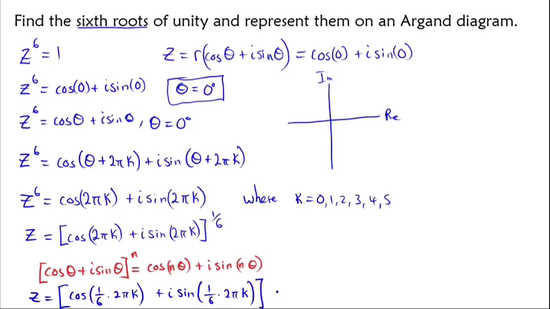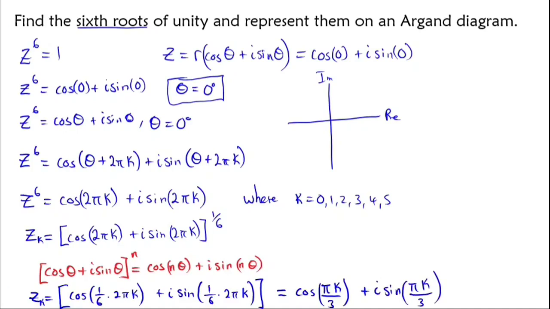So this means that I can now say z subscript k, because it is in terms of k. So z subscript k is equal to, the 2 can cancel, leaving us with cos(pi k divided by 3) plus i sin(pi k divided by 3).